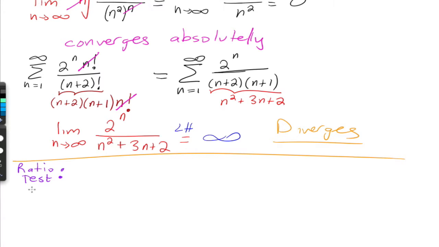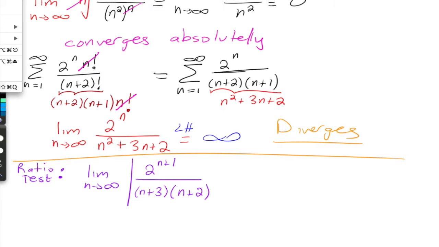To confirm. So we'll take the limit as n goes to infinity of a sub n plus 1 over a sub n, right? Okay, so a sub n plus 1 is going to be 2 to the n plus 1 over n plus 3 times n plus 2, right?